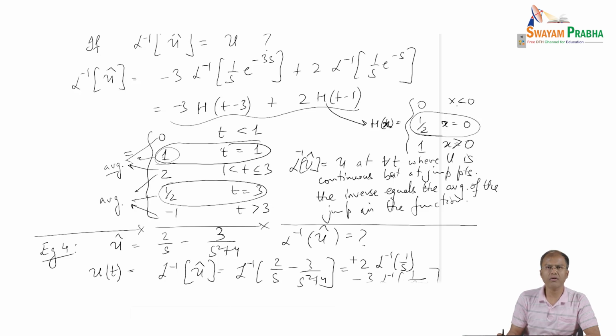Using our Laplace inverse tables, this is equal to 2 minus 3 by 2 sine of 2t. That is coming directly from our Laplace tables.